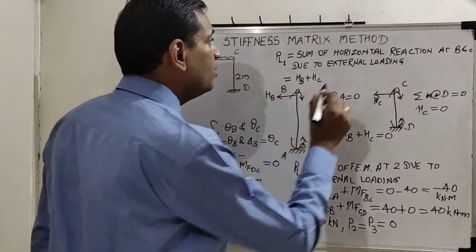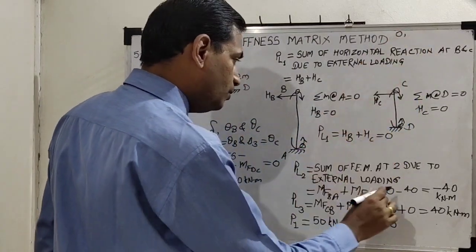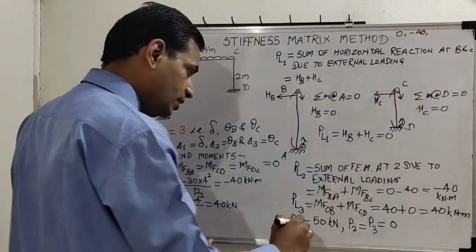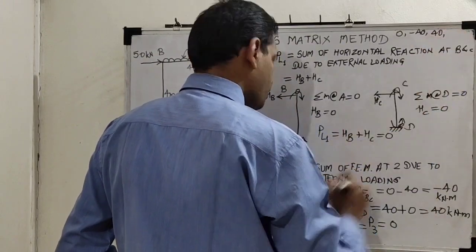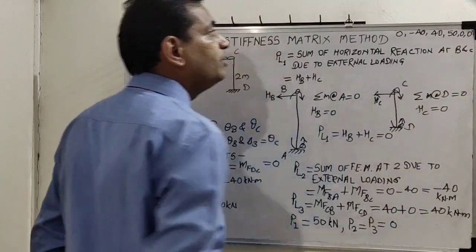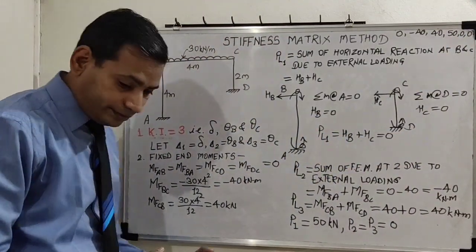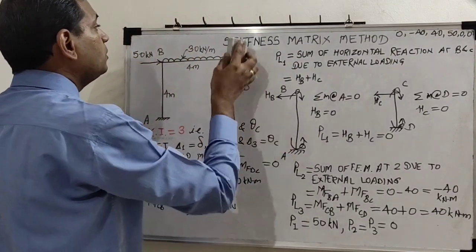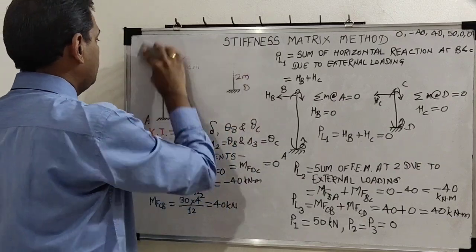So PL1 is 0, PL2 is minus 40, PL3 is plus 40, P1 is 50, P2, P3 are 0. So these are 6 values. Now we will go for these unknowns one by one.